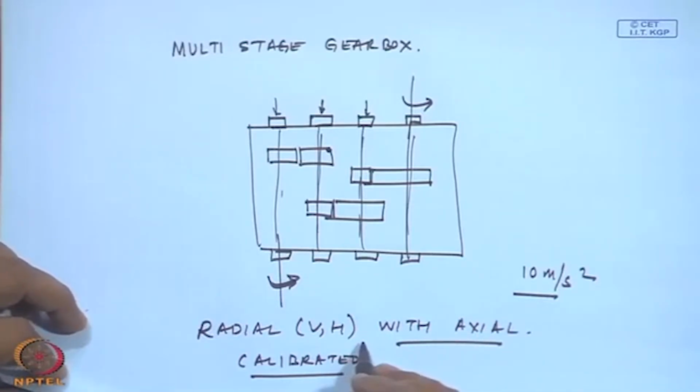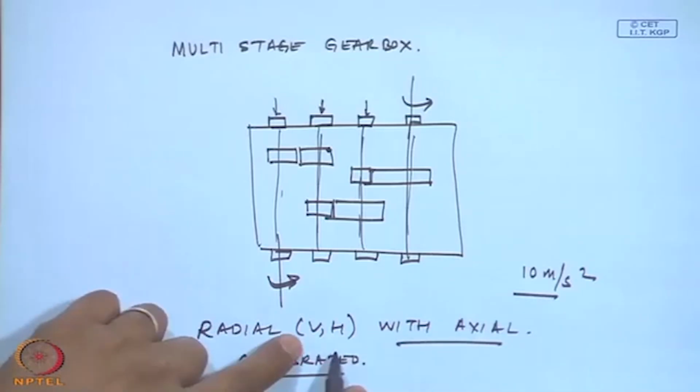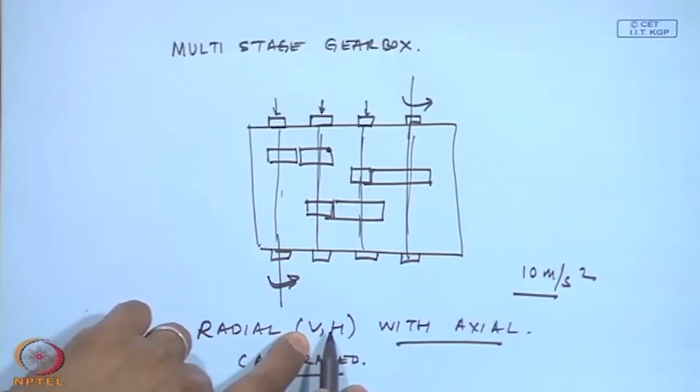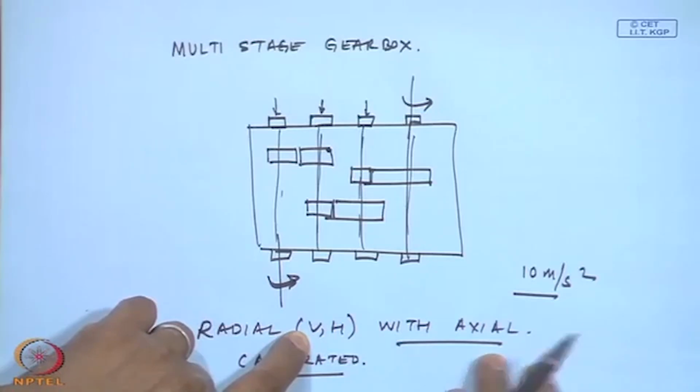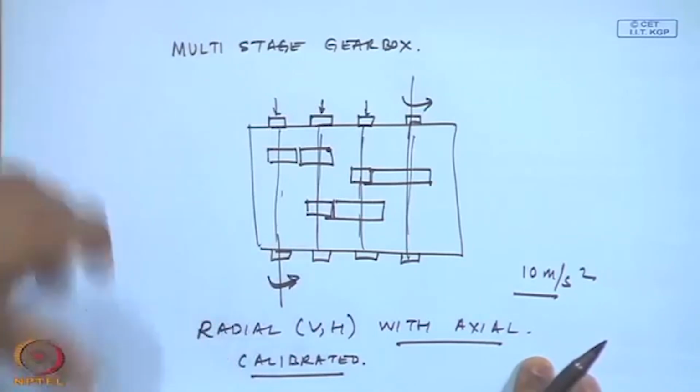Otherwise, if I am getting a value of 10 meters per second square here and this was not calibrated, I am getting a value of 8 meters per second square. There is no way I should be able to compare these two. So, people make mistakes or miss these instances when they do the unbalance detection. We have to be careful that these kinds of problems are taken care of.